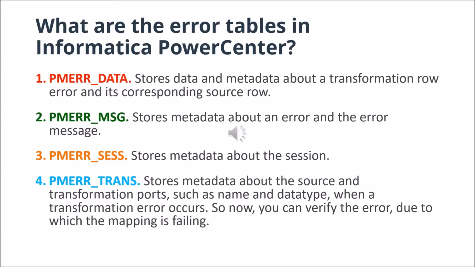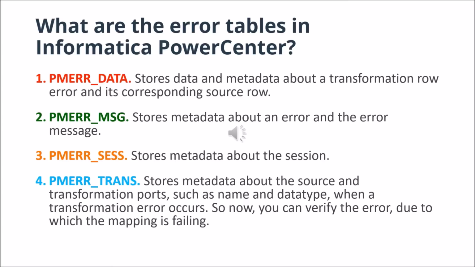The second one is PM_ERR_MSG. MSG means message. It stores the metadata about an error and the error message. What the error is and the corresponding error message is going to be stored in the PM_ERR_MSG table. The third one is PM_ERR_SES. SES means session. It stores the metadata about the session.